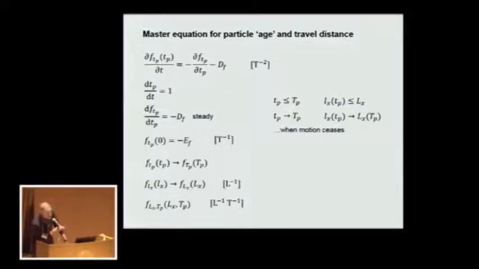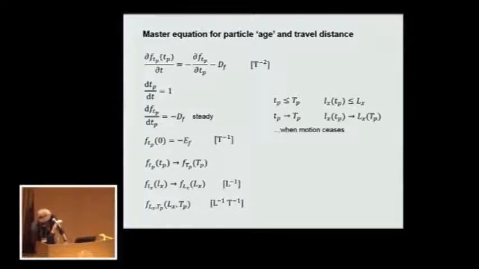I just want to point out that travel time is an integrated quantity, so we can also think about particle age, that is, the time from the beginning of motion of the particle, that's its age, and then when it stops, that's its travel time. But travel age is in fact an instantaneous quantity.